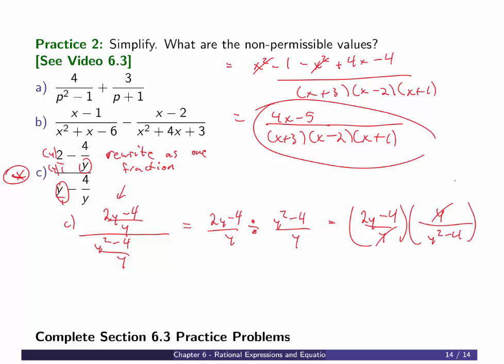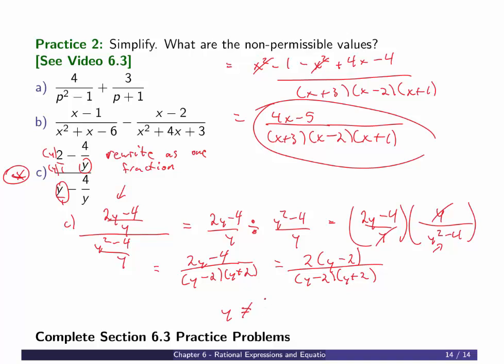Here the y's cancel, by the way, and we're left with 2y minus 4 over y squared minus 4, which I'll just factor the difference of squares. You can now factor the numerator, and you're left with the following. Now I'm not going to actually right away, I'm just going to first of all say y cannot be plus or minus 2.